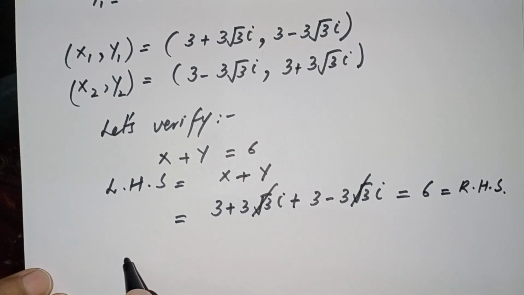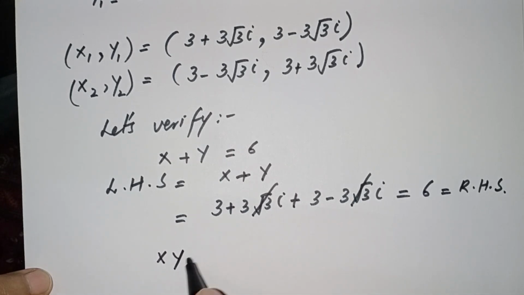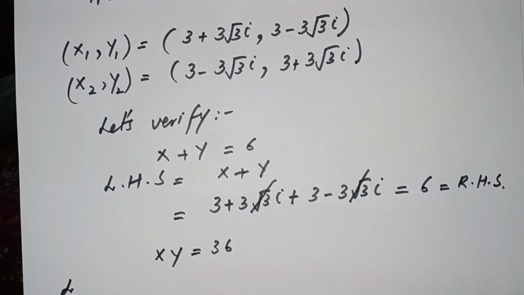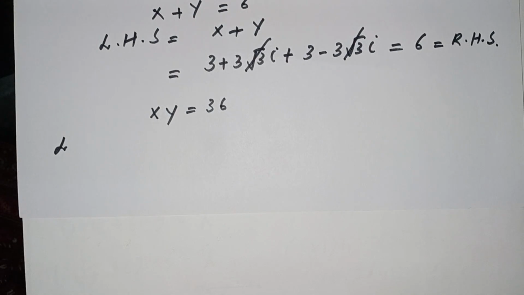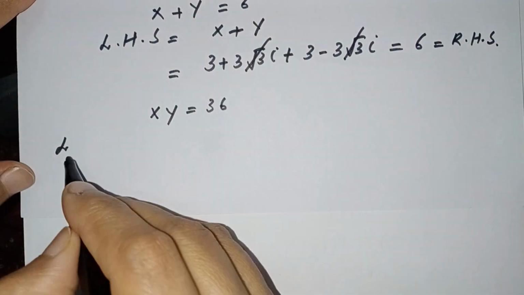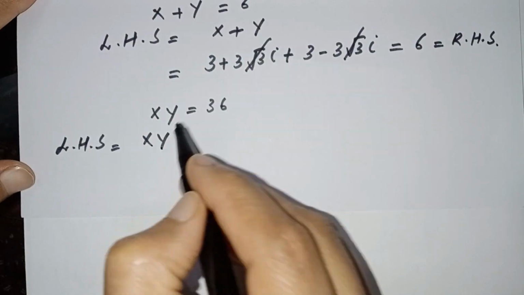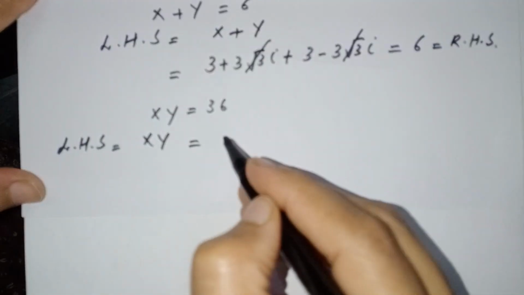So we will use the other equation, the product xy is equal to 36. The second equation, equation number 2, xy is equal to 36. So we will plug in the values of x and y. We will take the left hand side and we will plug in the values. Left hand side is equal to x times y.